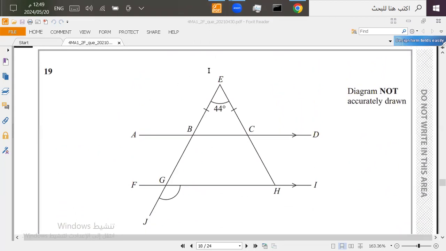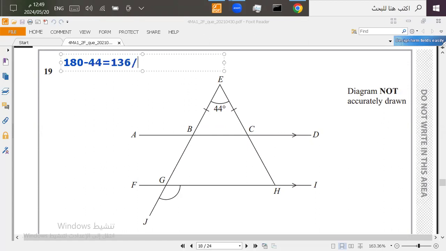Good. Now, we can see this is an isosceles triangle. It means we can find these angles because they are the same. This angle is the same as this one because this is an isosceles triangle and they are the base angles of this isosceles triangle. How do we find them? By subtracting 44 from 180, so 180 minus 44, and it's going to be 136.